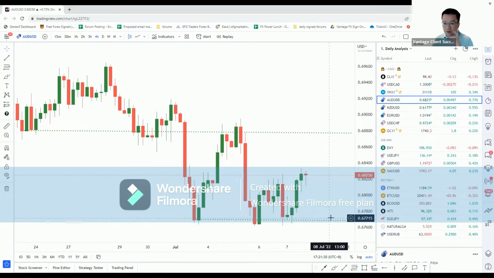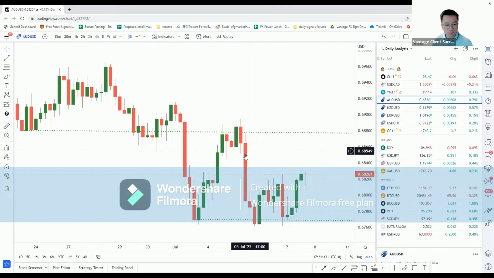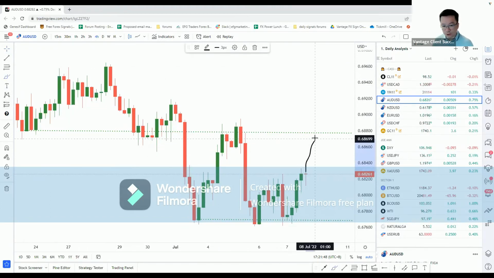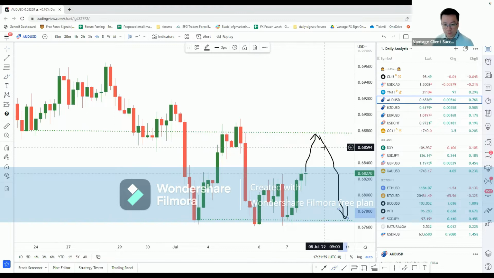This would mean we'd need to see some dollar weakness, or a recovery in the Aussie dollar, to push it up before turning back down again. So my view could be that push back up towards the upside, terrible drawing, and then after that, the downward move again. That's what I would be looking for in this scenario.